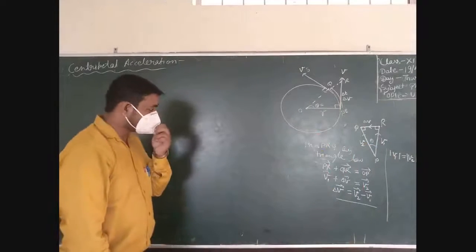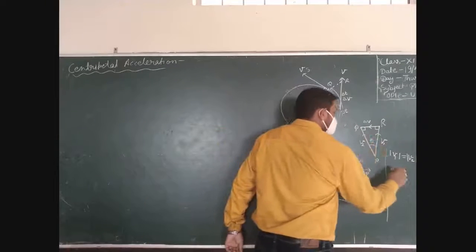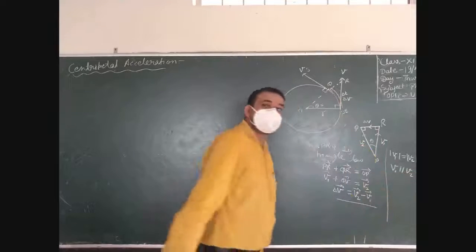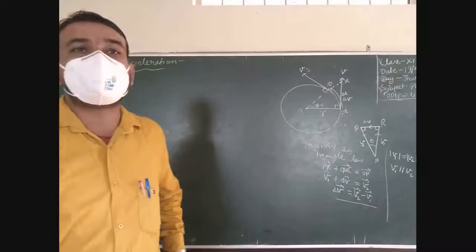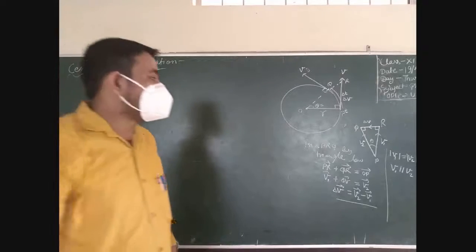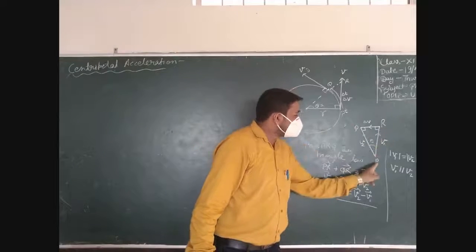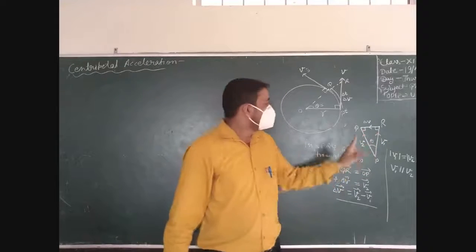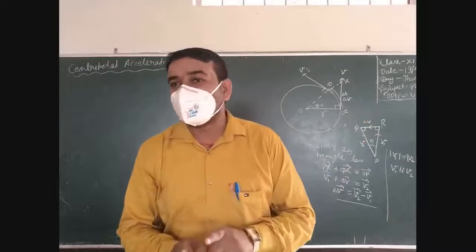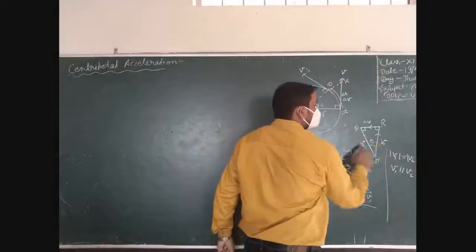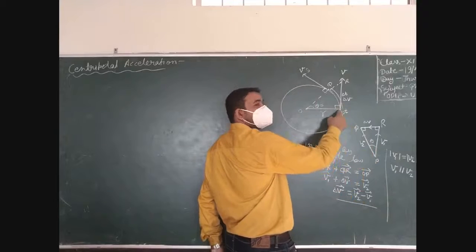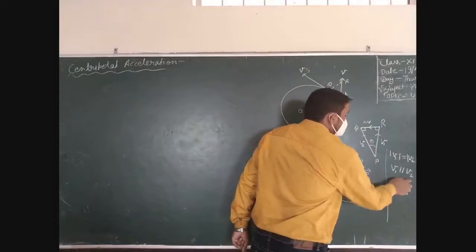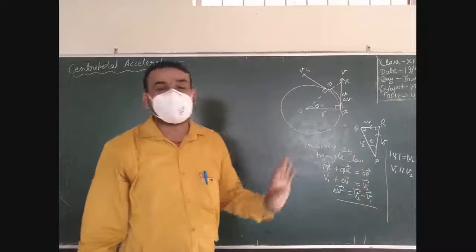Another thing is that v1 is parallel to v2. Understood or not? Why is it parallel? Because in the triangle PRQ, the two angles are 90 degrees. That means Q and R are coincident, or you can say the two velocity vectors drawn by drawing tangents at the touch points are parallel to each other.